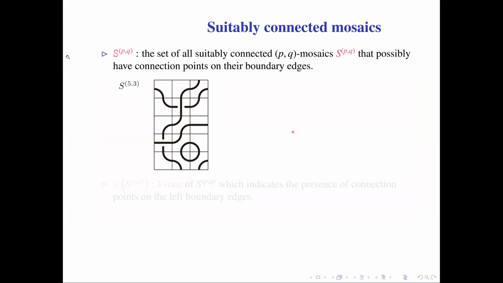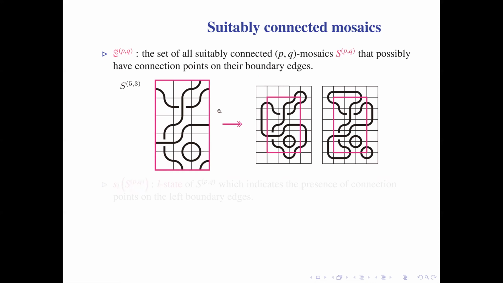Now let S_PQ be the set of all suitably connected P by Q mosaics that possibly have connection points on their boundary edges. As mentioned just before, each element of S_PQ can be extended to exactly two knots by the twofold rule.